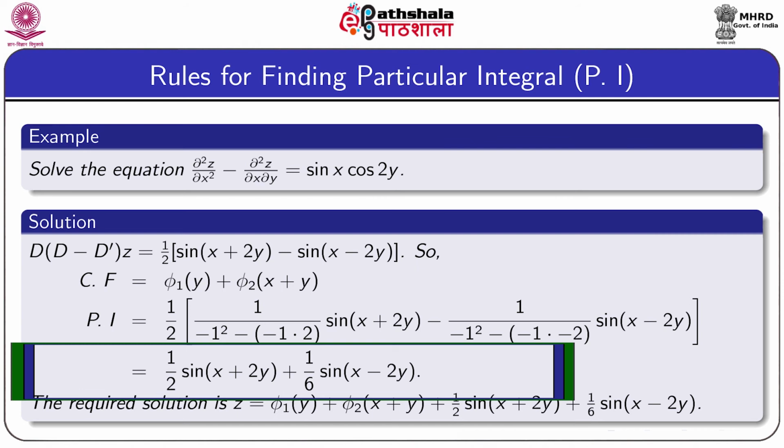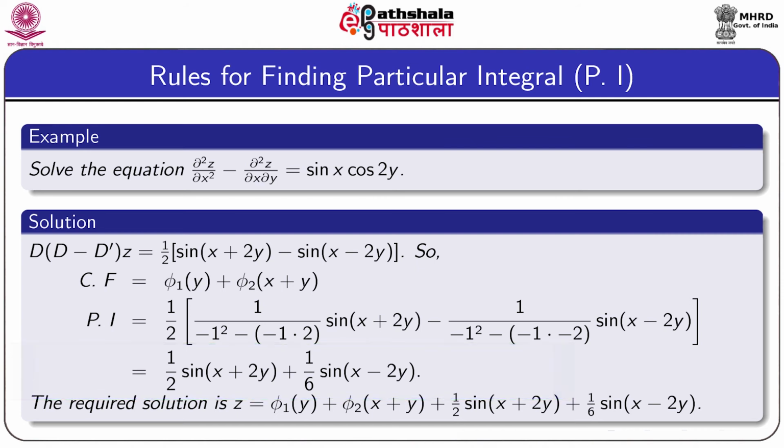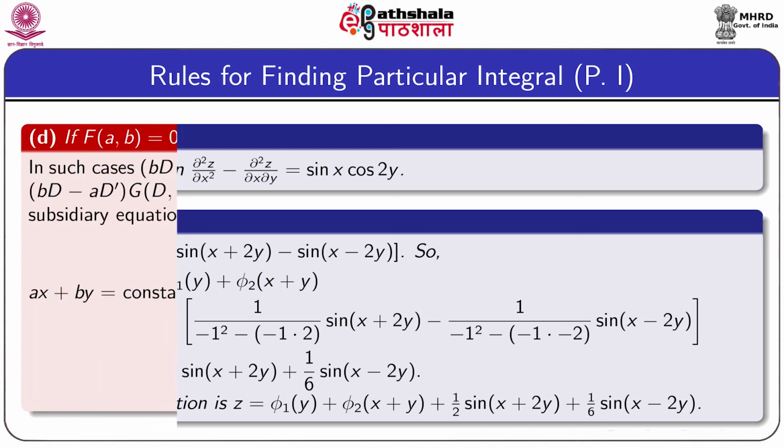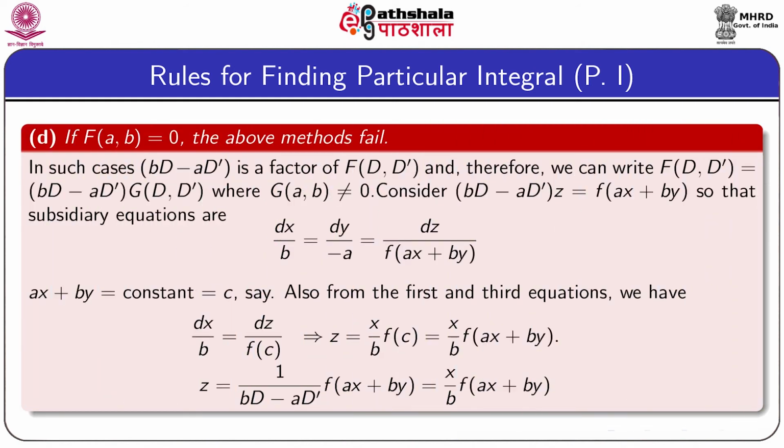Thus, the required solution becomes z equals CF plus PI. Now, I am going to discuss the case where capital F(a, b) equals 0. If F(a, b) becomes 0, then the earlier methods will not be applicable.